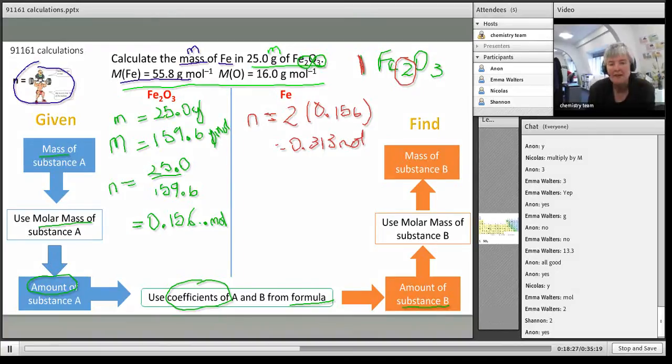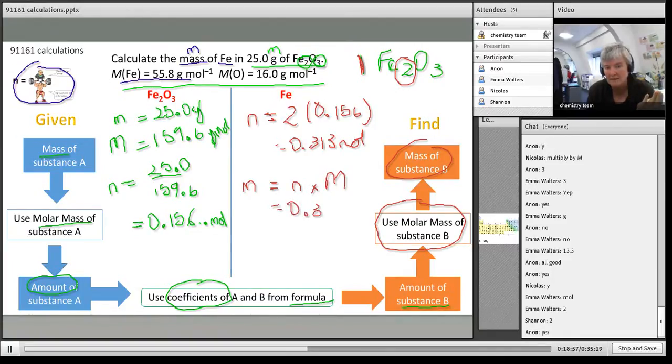Okay, now if I've got the amount, I just need the molar mass of B to calculate the mass of B. So my m for Fe is going to be, and we had done it the previous time, so hopefully you'll know, I'll take my molar mass and multiply it by moles. So we know what our moles is, 0.313, and I've kept all the figures in my calculator, even though I'm only writing to 3 significant figures here.